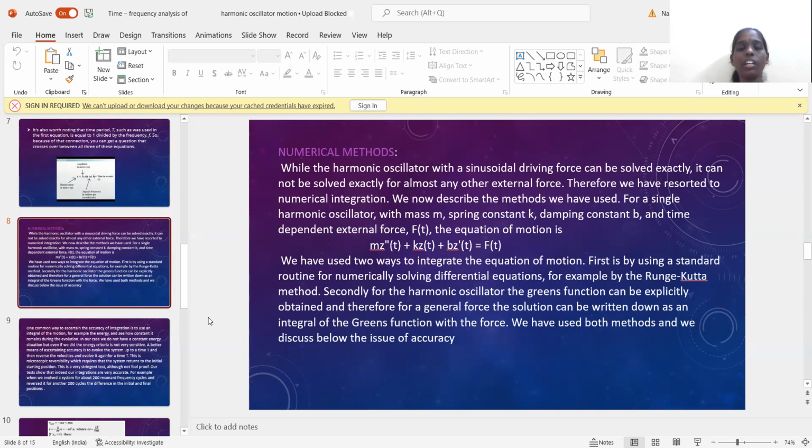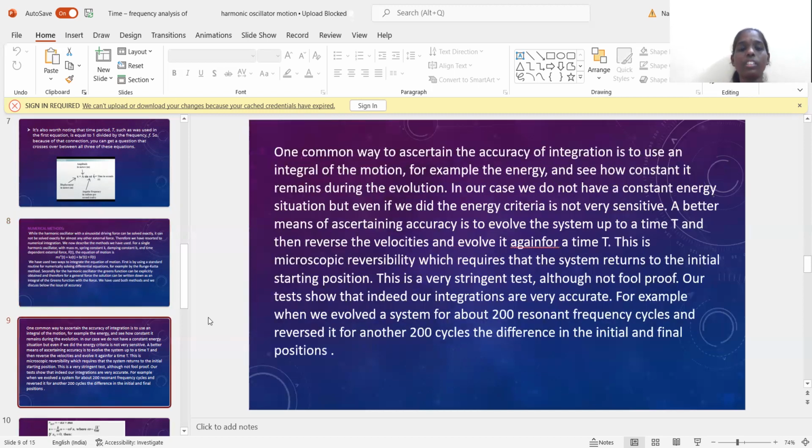Secondly, for the harmonic oscillator, the Green's functions can be explicitly obtained, and therefore for a general force the solution can be written down as an integral of the Green's function with the force. We have used both methods and we discuss below the issue of accuracy.